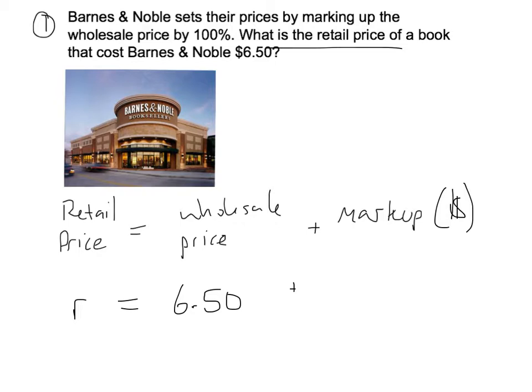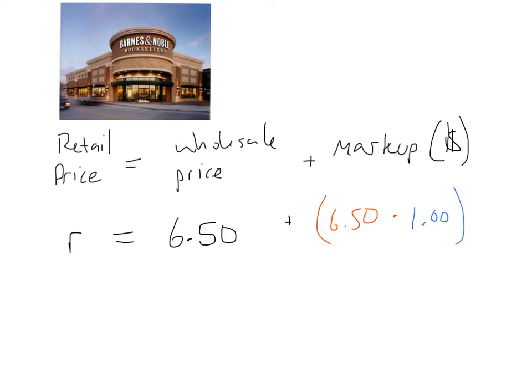Okay, so what I need to do is take the wholesale price of $6.50 and multiply that by 100% as a decimal, which would be 1.00 basically, or just 1. Again, that's 100% as a decimal. So, obviously 650 times 1 is just 650.